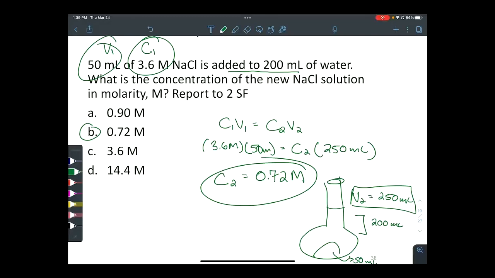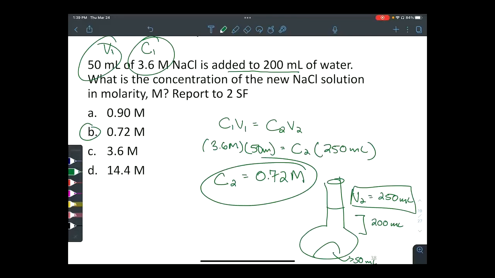So let's just go through some of these answers. A, which a lot of you thought it was. You got A when you used V2 equals 200. So you just took into account only the water added, but did I trick you? See, I tricked you. Yeah, sorry. But getting it wrong helps you learn, right?